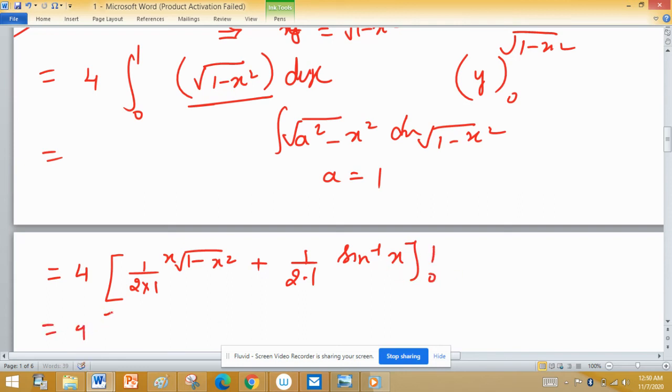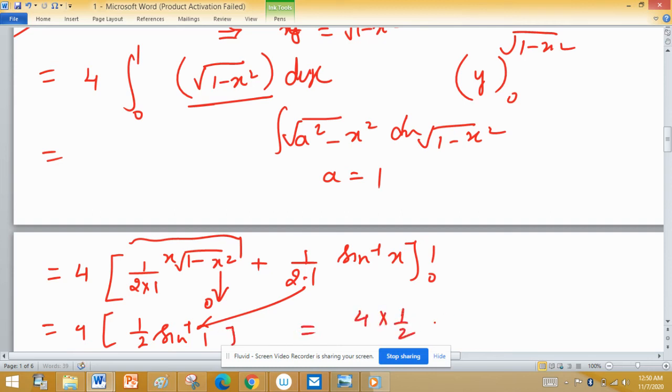So 4 times, as I use the upper limit here, the entire first term will be 0, so it will be half sine inverse 1, that will be 4 times half and sine inverse 1.